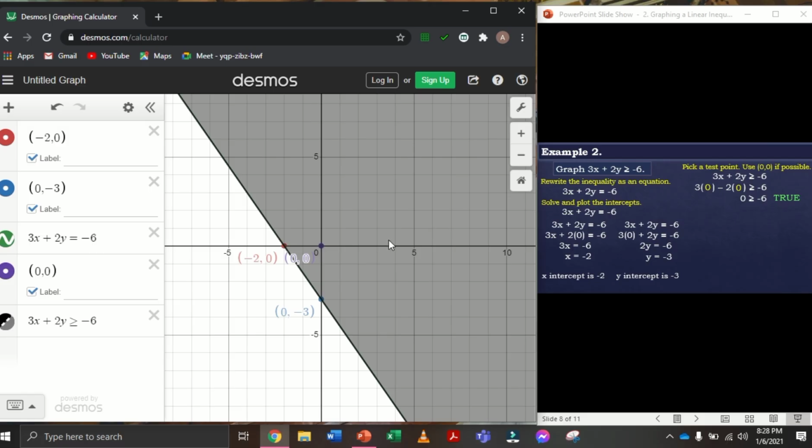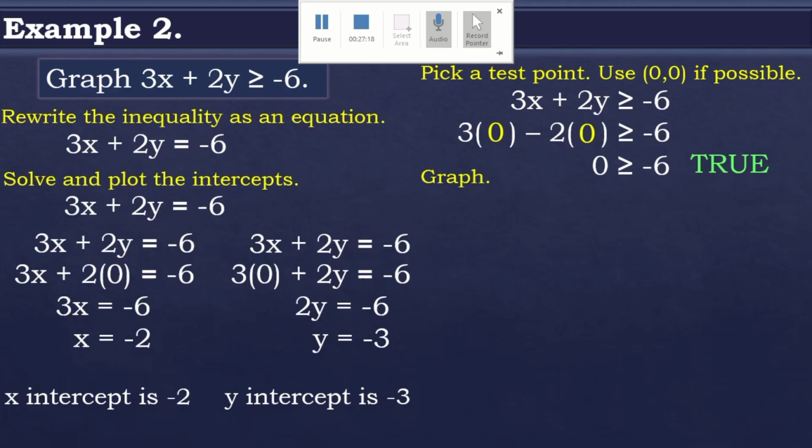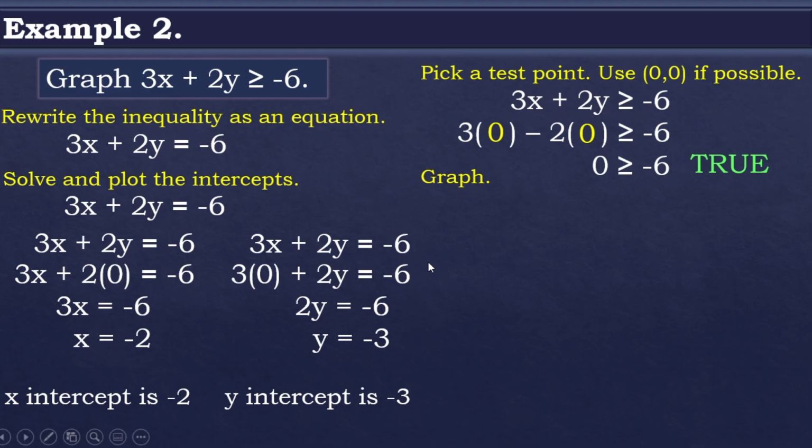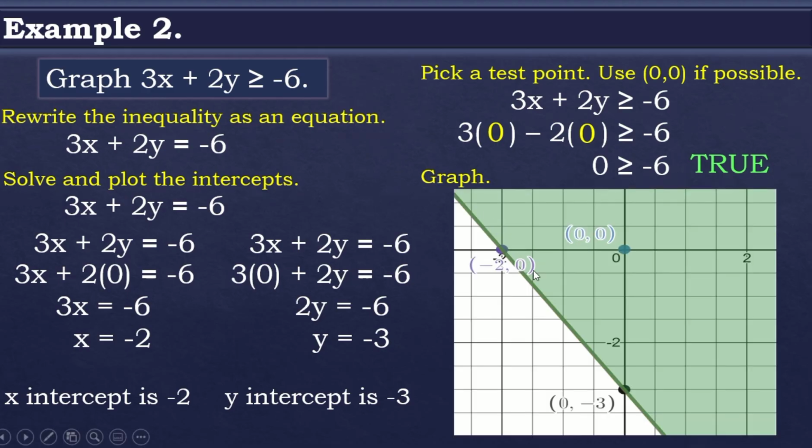Since this is true, kasama yung test point dun sa shaded region natin. Okay, so this is the graph of 3x plus 2y is greater than or equal to negative 6.